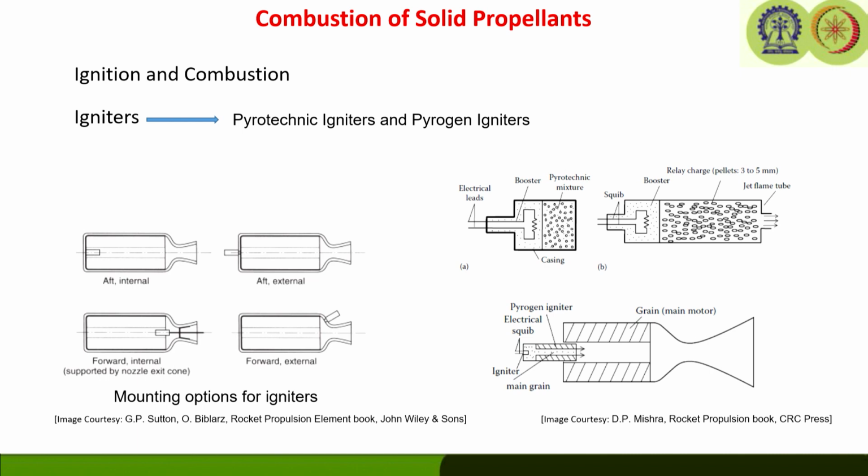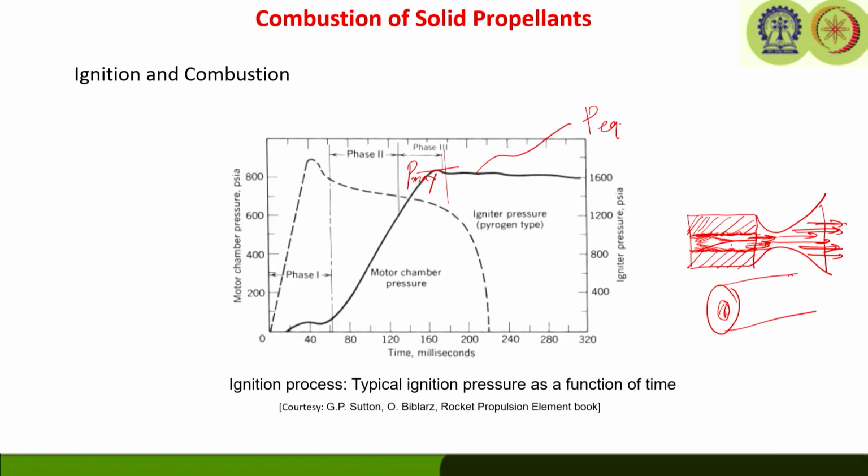Now, the role of the ignition is to have satisfactory attainment of the chamber pressure of full gas flow inside the rocket motor. As we remember, once the equilibrium chamber pressure is reached, the gas will start flowing. Of course, gas will start flowing even once it reaches a certain pressure, because once the pressure is built up, the gas will start flowing through the nozzle.